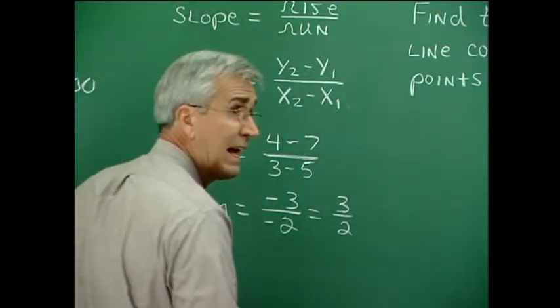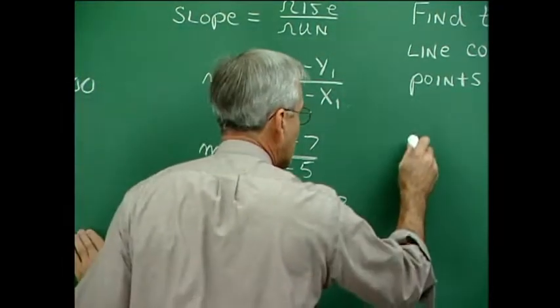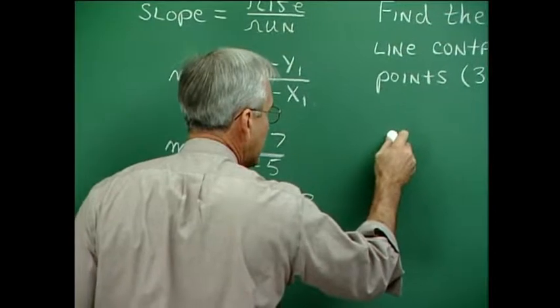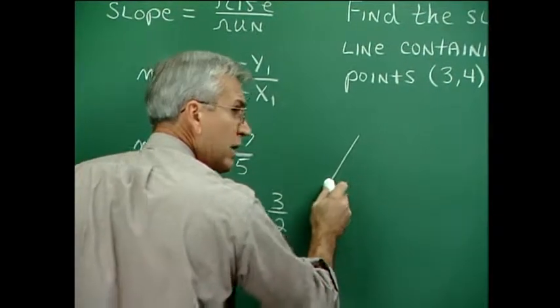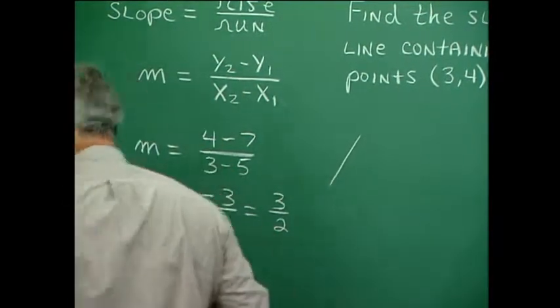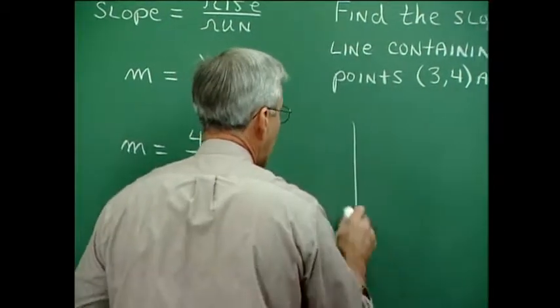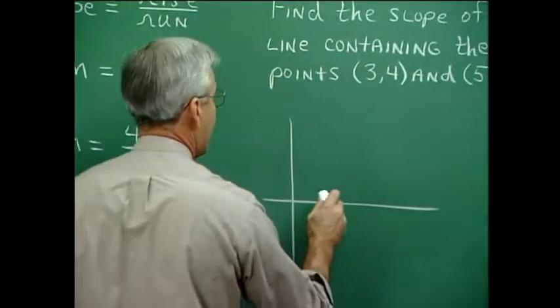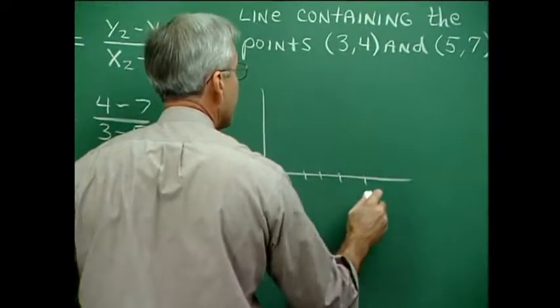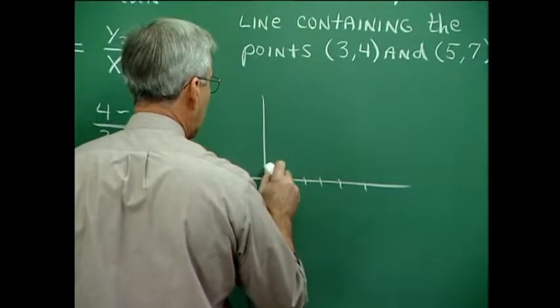We would expect that line to go through the coordinate plane like this. We can verify that by looking at it on the graph. Let me make a quick sketch here. And we have 3, 4.